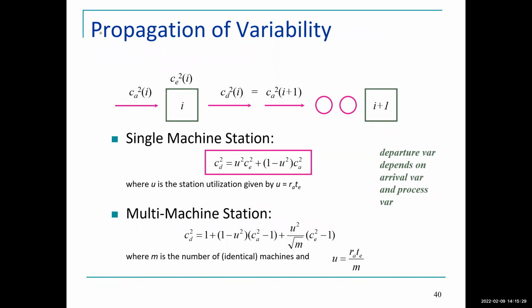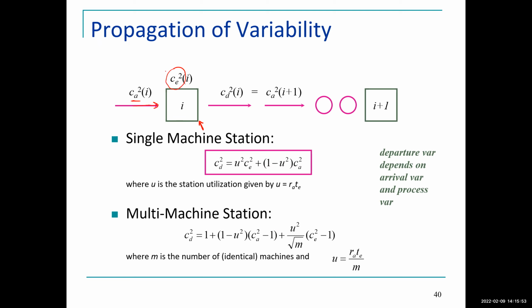So we are looking at the propagation of this coefficient of variation at a single machine station right here. And then you see that there's a coefficient of variation that is going to be associated with the arrival of the entities, and then there's a coefficient of variation that is associated with the station itself.